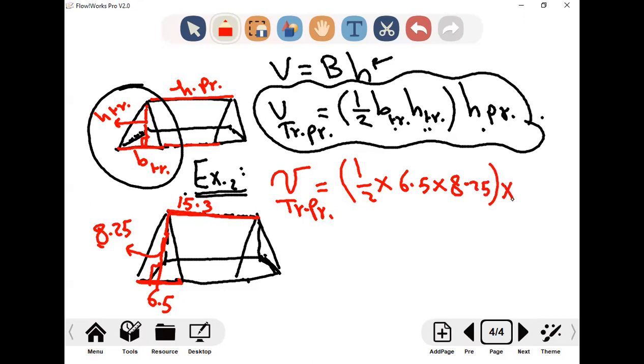Multiply height of the prism, 15.3. Right? Now multiply all of these numbers. This answer will be 268125. They want us to round to the nearest hundredth. It will be 410.23. 410.23 inches.